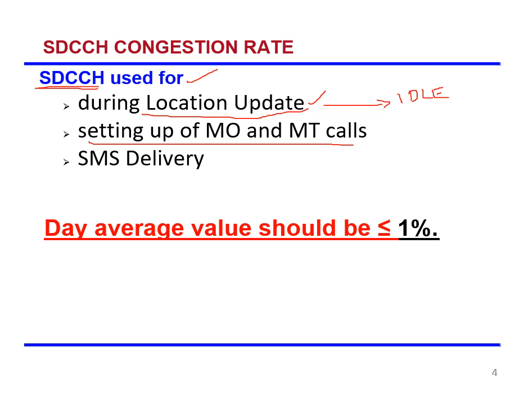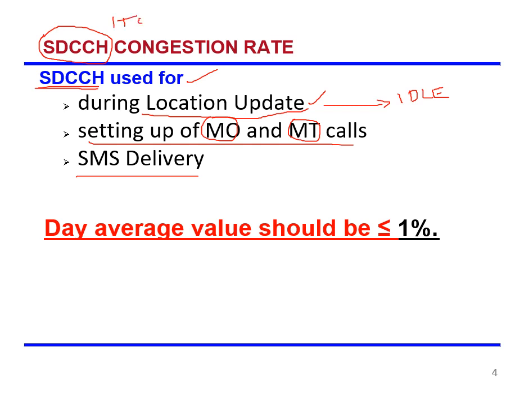SDCCH is also used during call setup, when the customer wants to make a MO call, mobile originated call, or a mobile terminated call, incoming or outgoing; for setting up, the SDCCH is used. And it is also used to deliver SMS in idle mode. SMS delivery is not done on a traffic channel, because a traffic channel is a high bandwidth channel, whereas SDCCH is a low bandwidth channel.